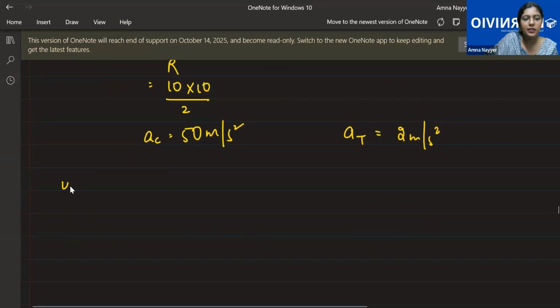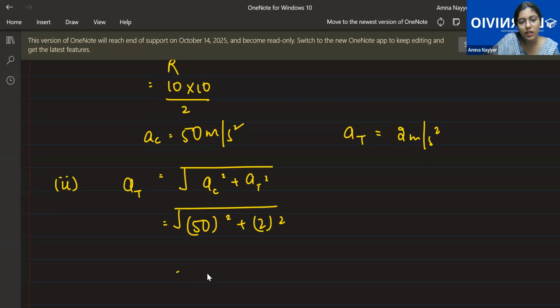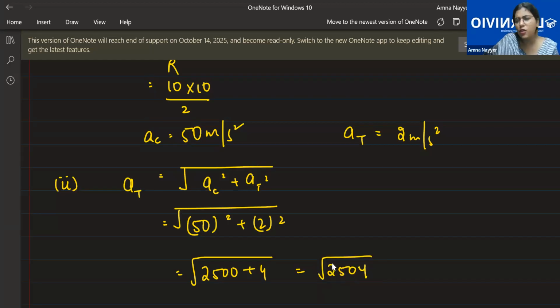So second part, total acceleration means under root of AC square plus AT square. Now this calculation you'll have to perform: 50 square plus 2 square under root, which is 2500 plus 4, which is 2504. Now please just check. I think this will be around 50 point something. Let me just see the calculator.